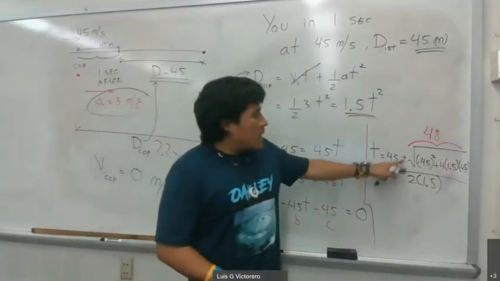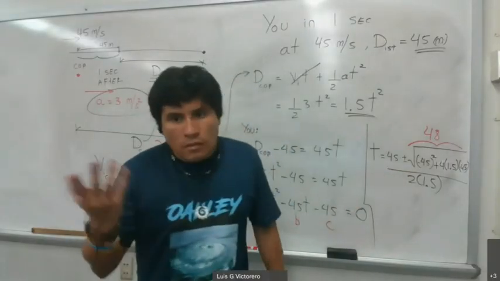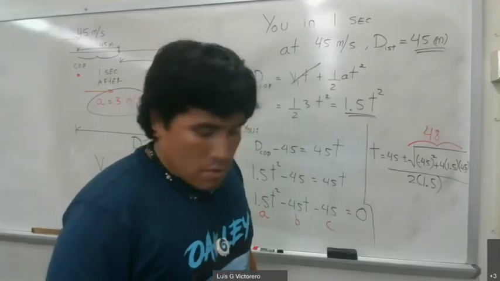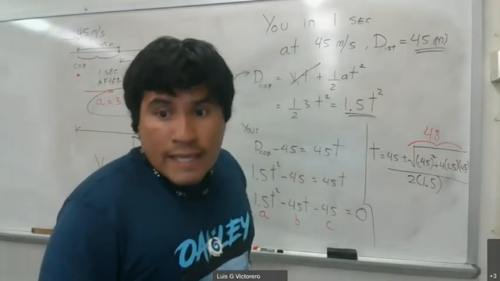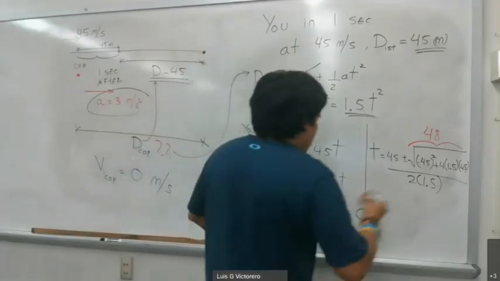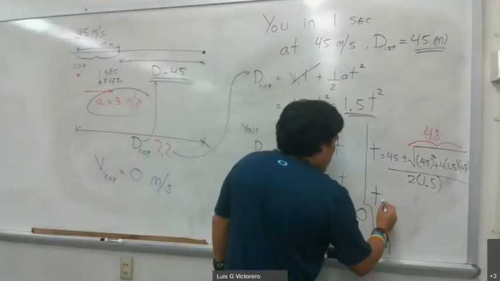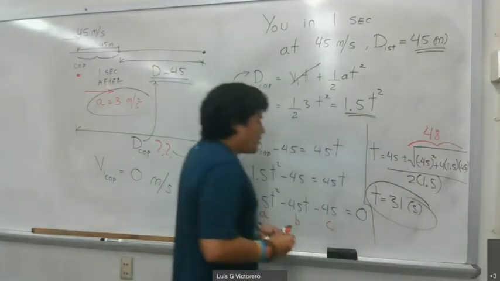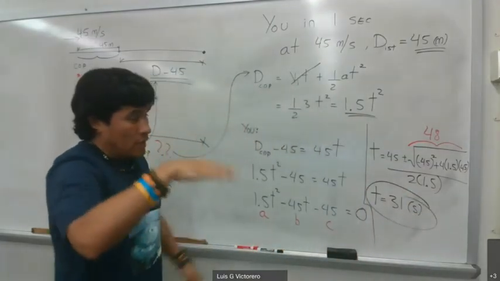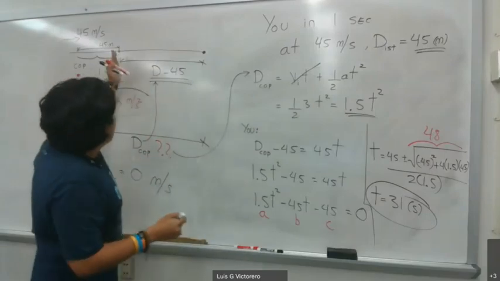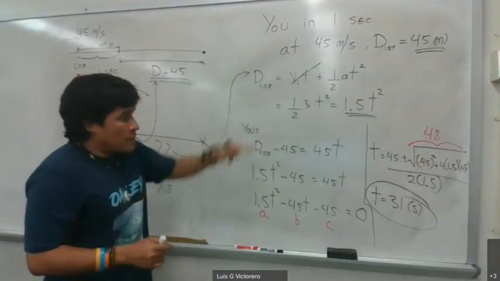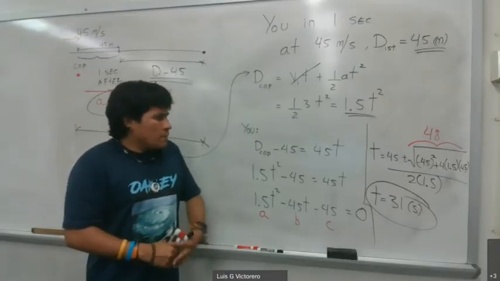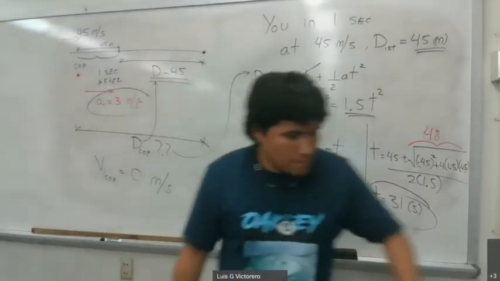So I cannot take the negative 48, it has to be positive. So 45 plus 48 divided by 2 times 1.5 is 31, exactly. After 31 seconds, after the 1 second that the car moves by itself, you have to specify that. So approximately half a minute.